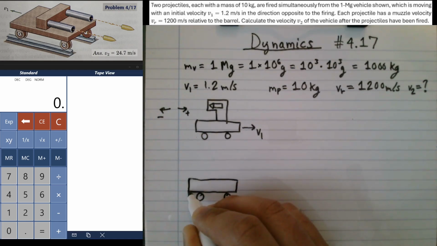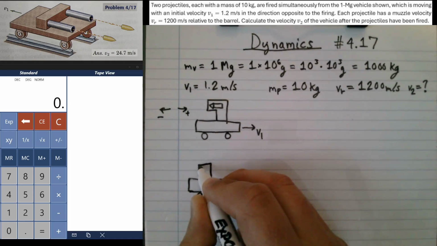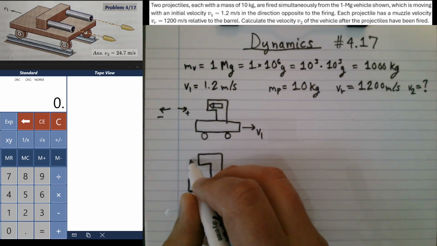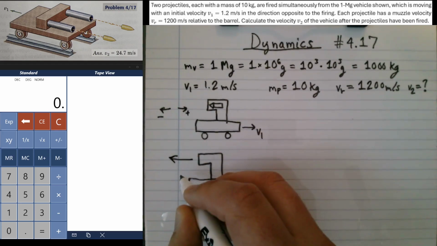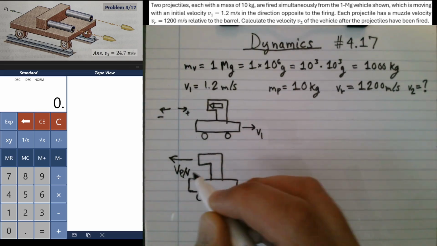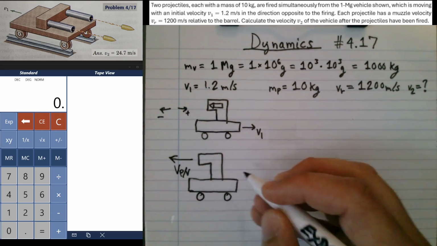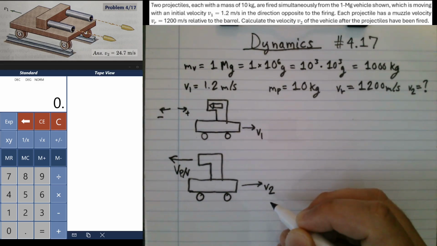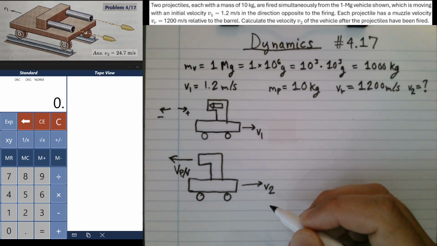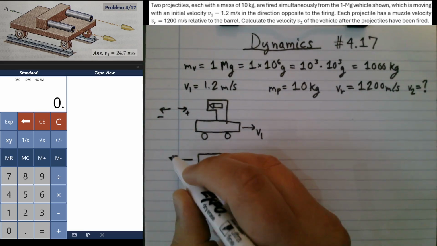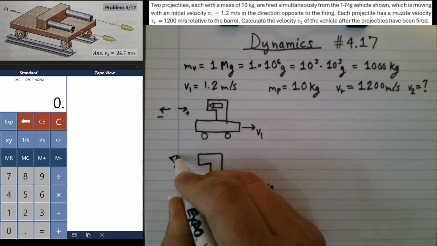It shoots the projectiles with a muzzle velocity, they tell us, of 1,200 meters per second. So we'll rewrite that as velocity of the projectile with respect to the vehicle. It's how fast it's moving relative to the vehicle at that moment. We have our V2, our final velocity of the vehicle after it's fired the projectiles.